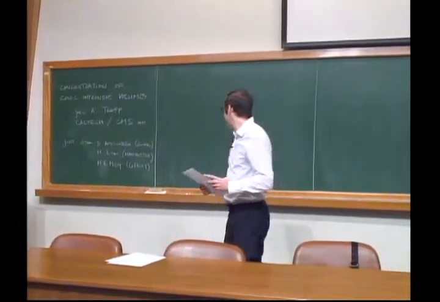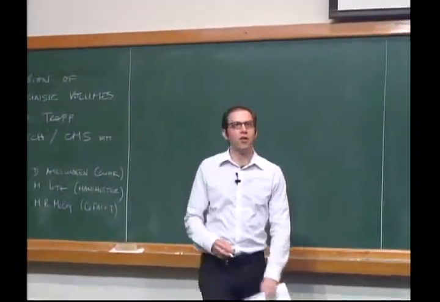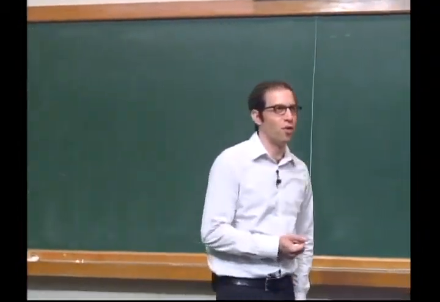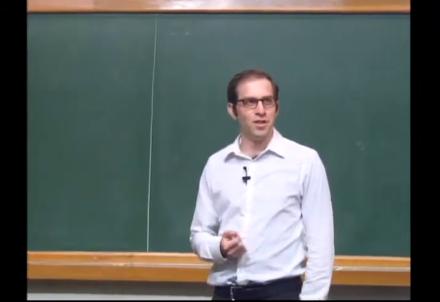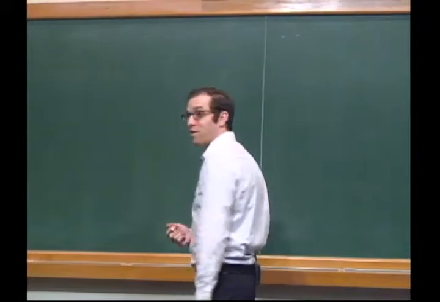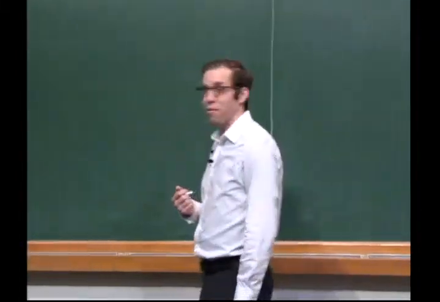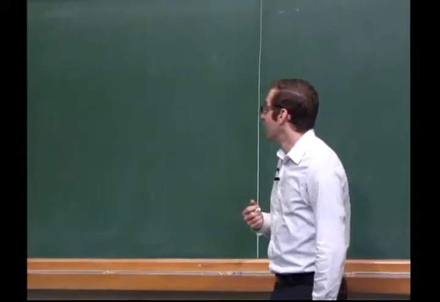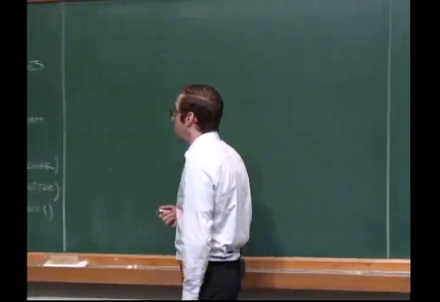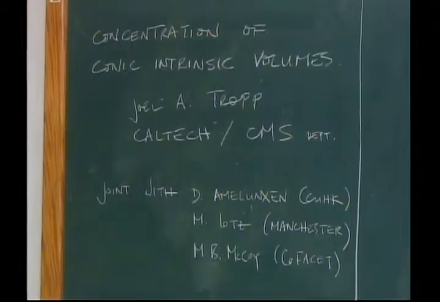Thank you, Alex. So, the preliminaries. The title of my talk has changed from the program since most of my colleagues covered most of the things that I was going to present in the other talk, and so I'm going to talk about something else, which is nevertheless related. So the title of this presentation is Concentration of Conic Intrinsic Volumes.